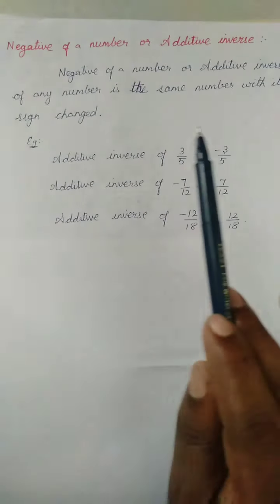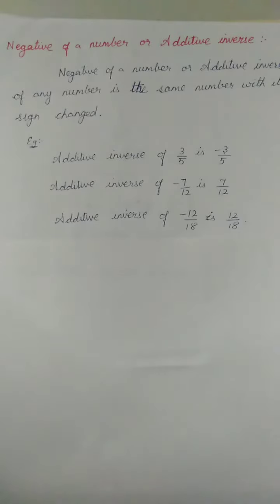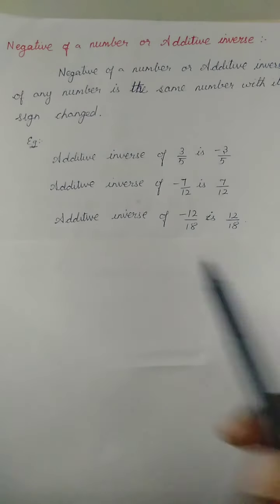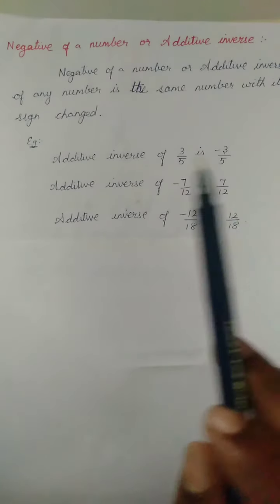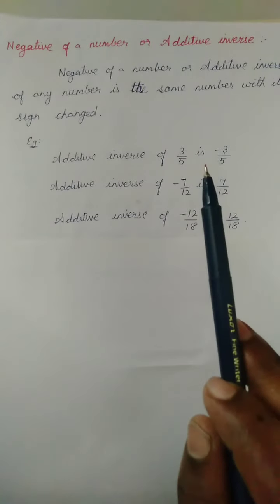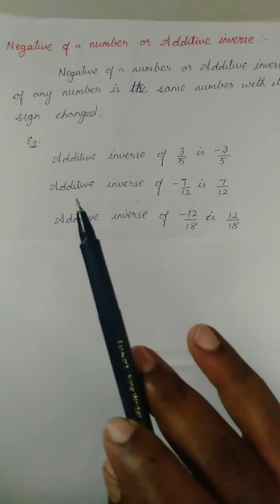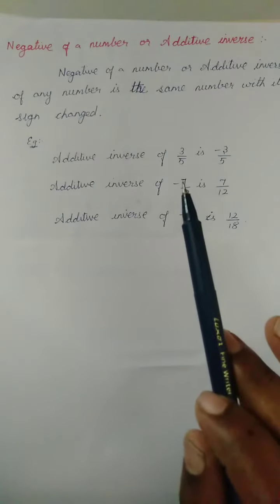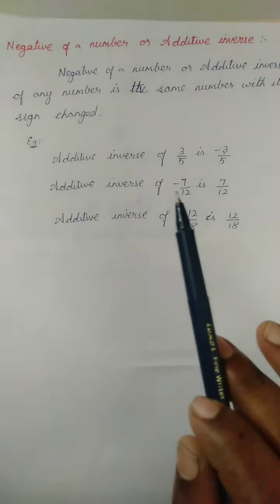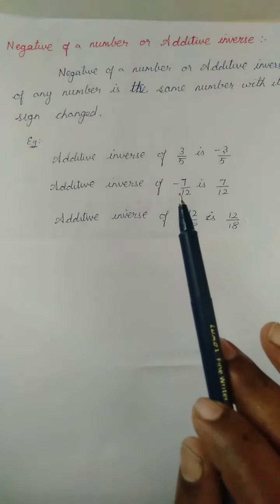Additive inverse of any number is the same number with its sign changed. Let us take the other example, minus 7 by 12. So minus 7 by 12 is a negative rational number.